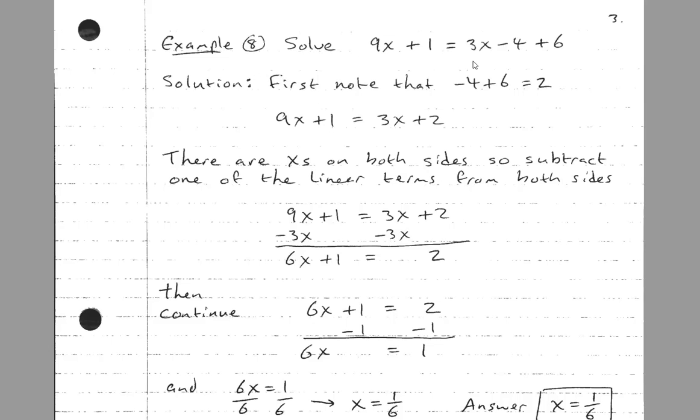Example 8, so a more complicated looking linear equation. 9x plus 1 is equal to 3x minus 4 plus 6. We're still trying to solve it, so what number can we put in for x to get a true equation?